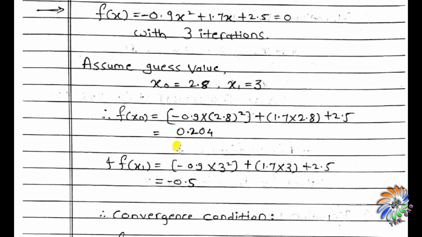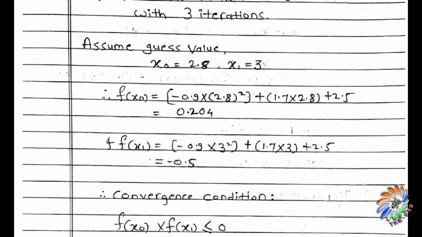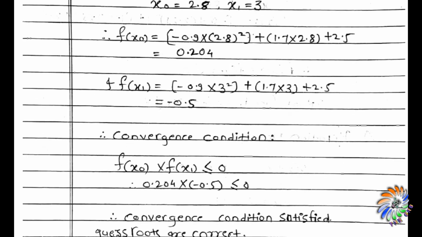We have to find these two values, f of x0 and f of x1. Now as we have found these two values, f of x0 and f of x1, by putting 2.8 and 3 in the equation.